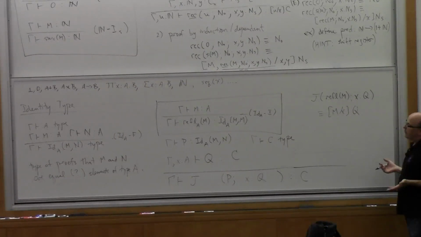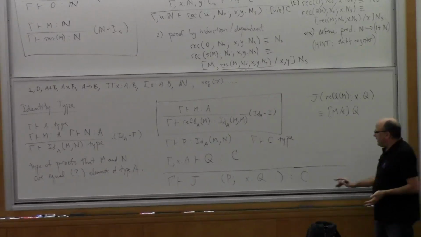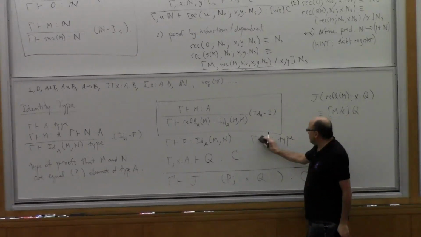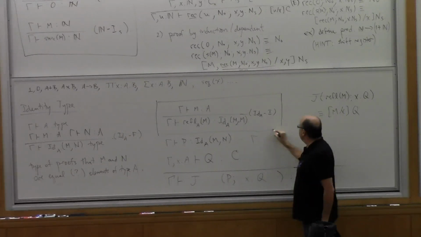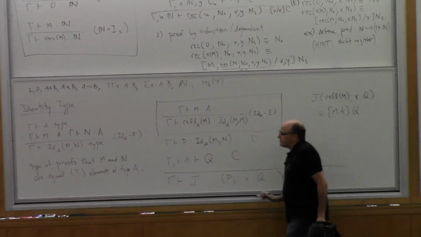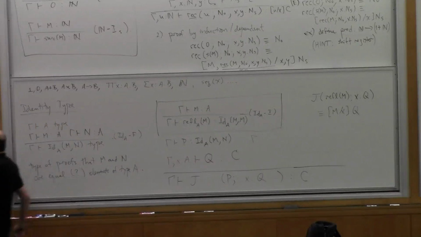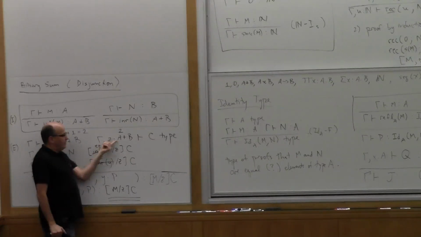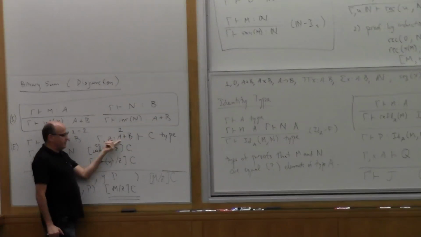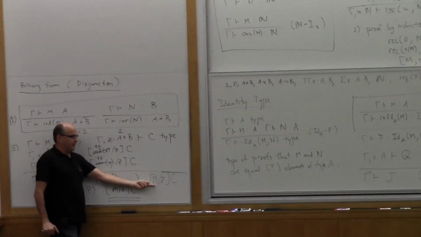But the truth is, I want to express a proof by induction, okay? And so the idea is I have to have some additional data over here. Now if we look at the sum, in the case of the sum, C could depend upon the element of A plus B under consideration, because that's what gets plugged in.